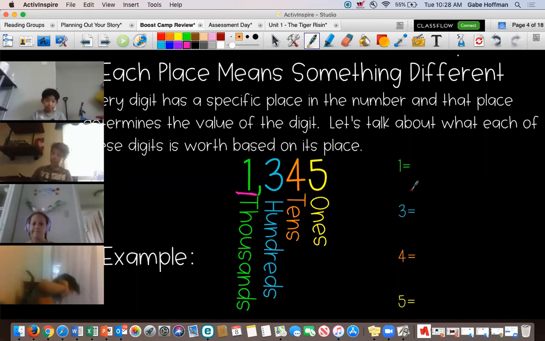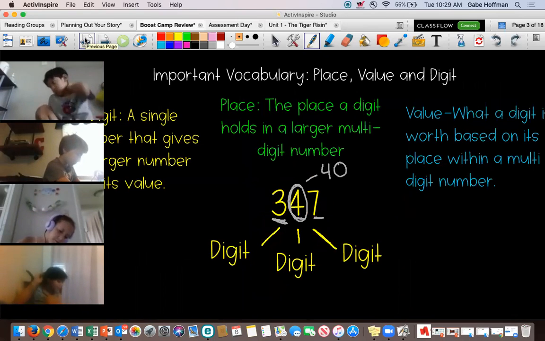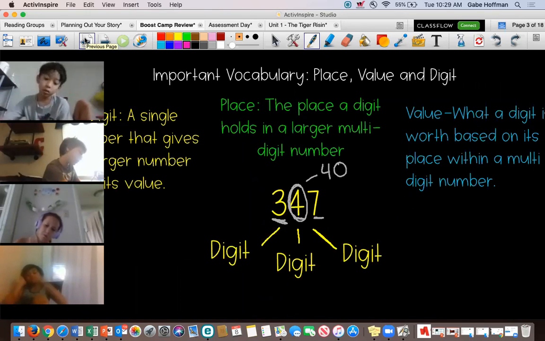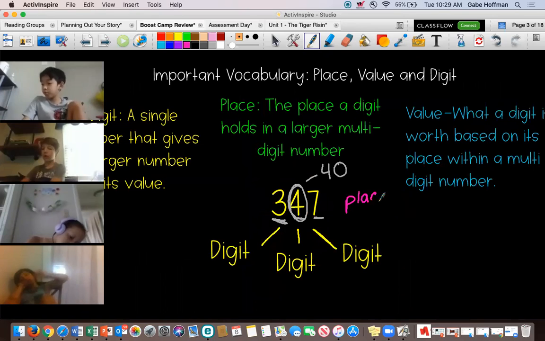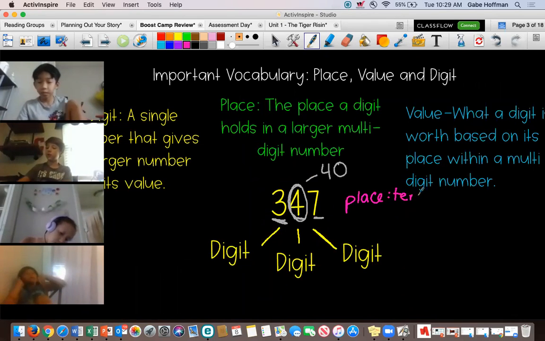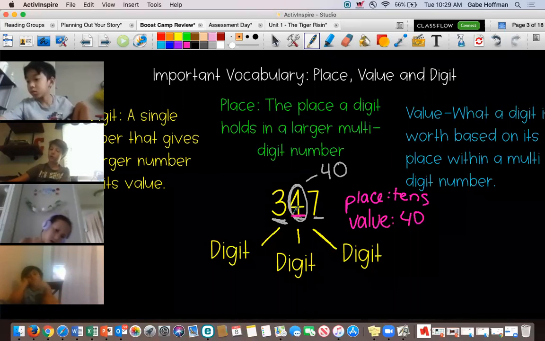So let's go back and look at my example earlier, which was the 4. The 4 was in the tens place. So the place is tens, and the value is 40 for this 4 right here.